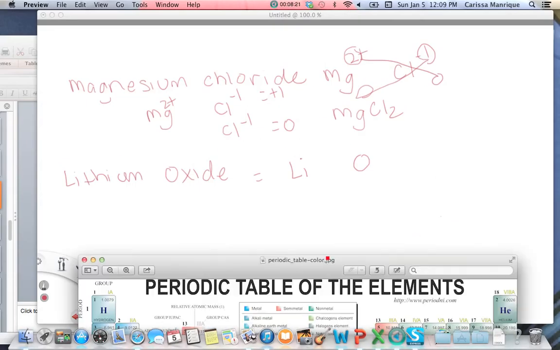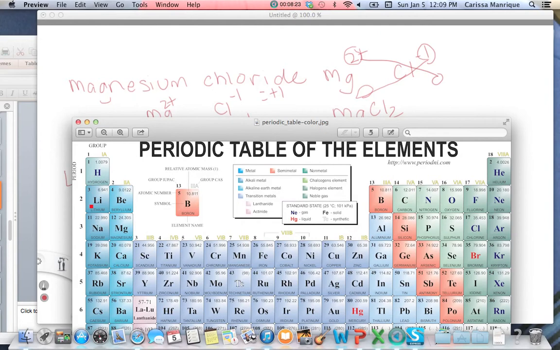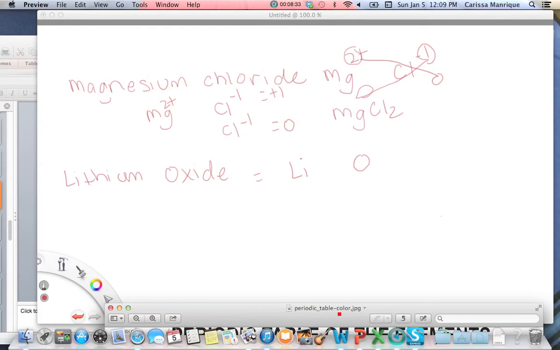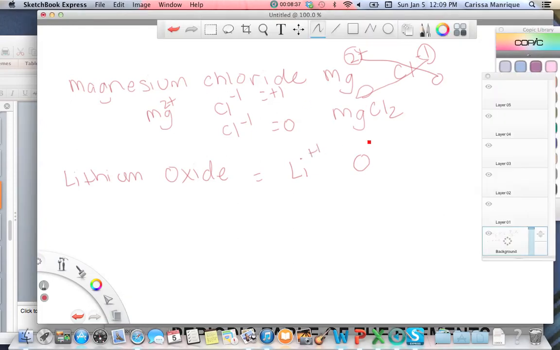Lithium is in group 1, so it has a +1 charge, and oxygen is in group 6, so it's a 2- charge. So we have +1 and -2. Oxygen has a 2- charge, lithium has a +1 charge.